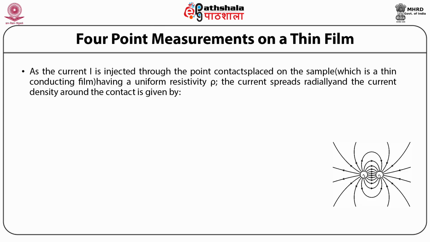As the current I is injected through the point contacts placed on the sample, which is a thin conducting film having a uniform resistivity ρ, the current spreads radially and the current density around the contact is given by J equals I divided by 2πtr into r unit vector.